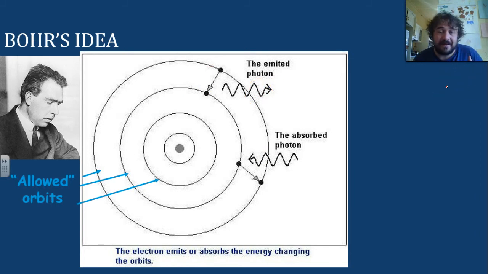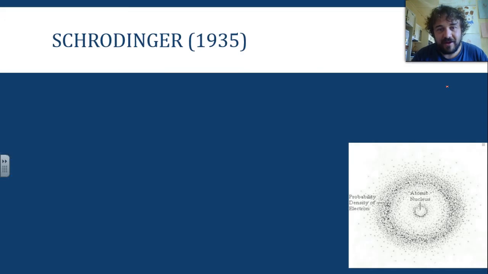So this means that we now have orbits. We have set spaces for our electrons to go. And if they're unique, then we have atoms that have specific orbits to each atom, which is also really rad.